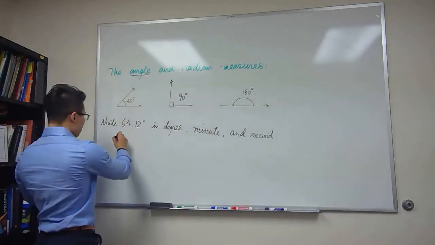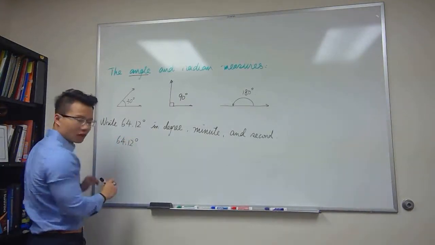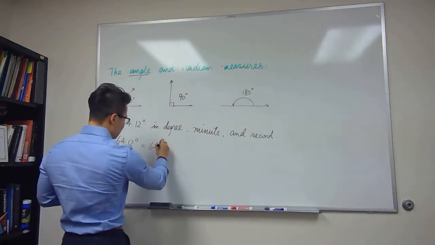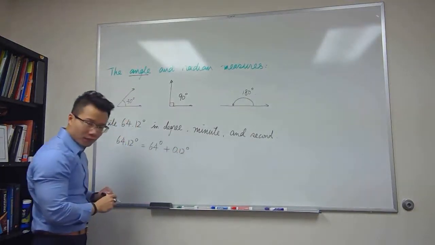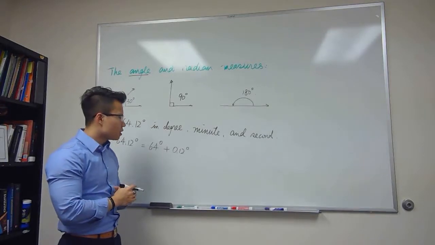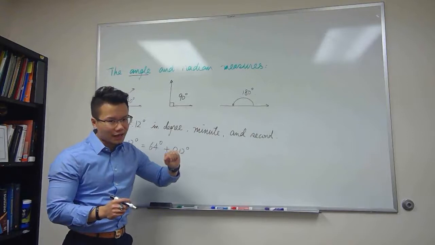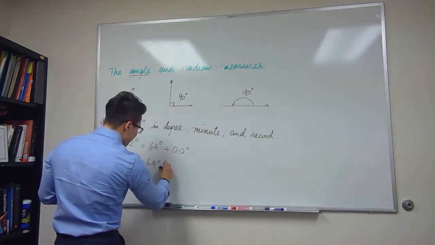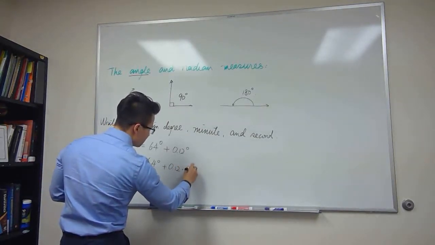Okay, so first of all, we start with 64.12 degrees. And what we're going to do is write it as 64 degrees plus 0.12 degrees. And this 0.12 degree is the one that gives us trouble. So we convert this one into minutes and seconds. We multiply the 0.12 by 60 minutes.